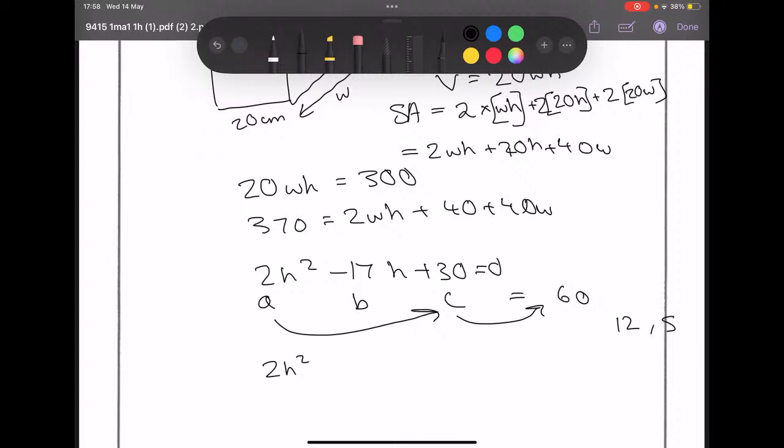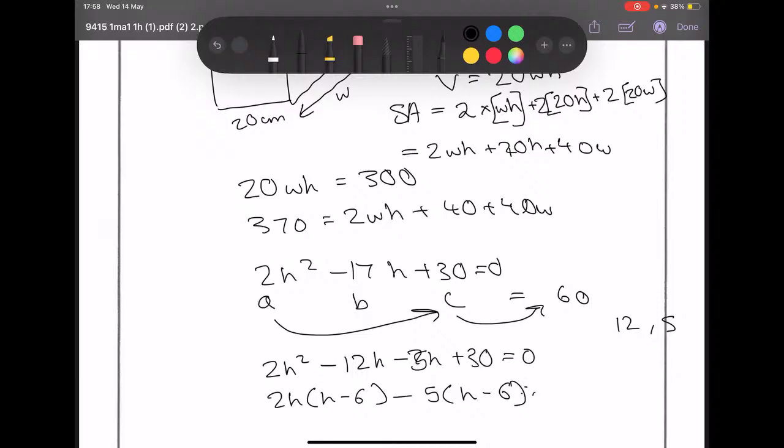Therefore, as it's minus 17, we will be subtracting 12 and subtracting 5. Therefore 2h squared subtract 12h subtract 5h plus 30 equals 0. Now we factorize the 2h out. h minus 6 minus 5 (h minus 6), therefore equals (2h minus 5) and (h minus 6).